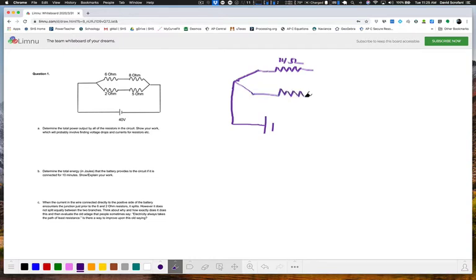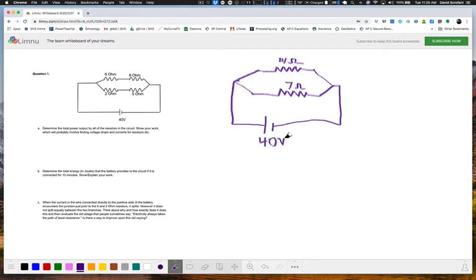And that, of course, is 7 ohms. There we go. Okay, and then my 40-volt battery.